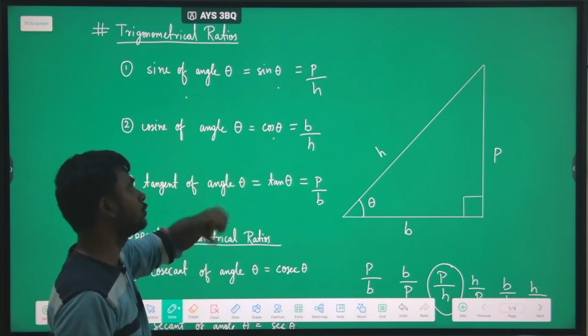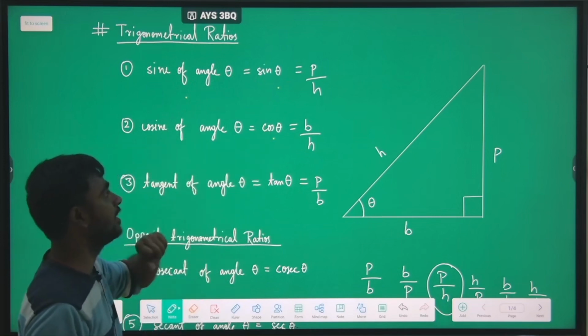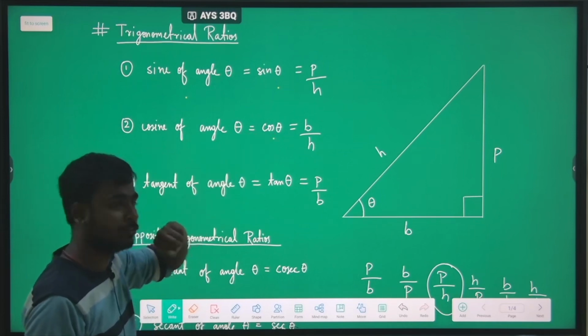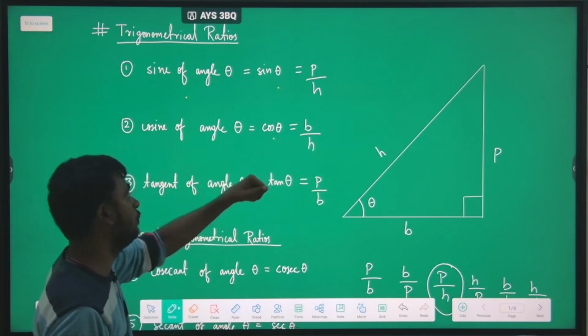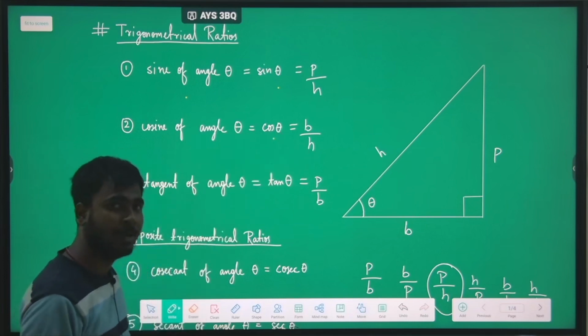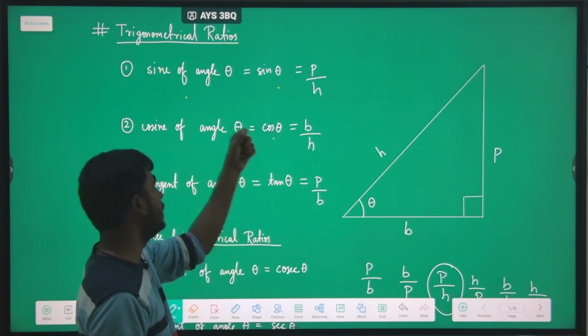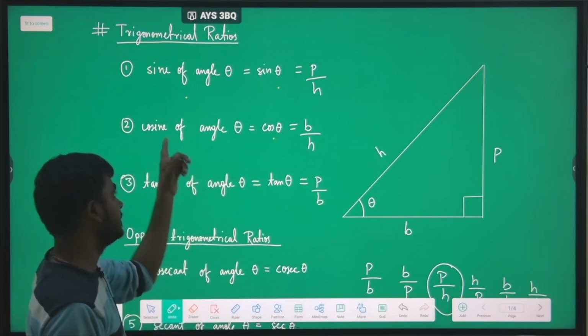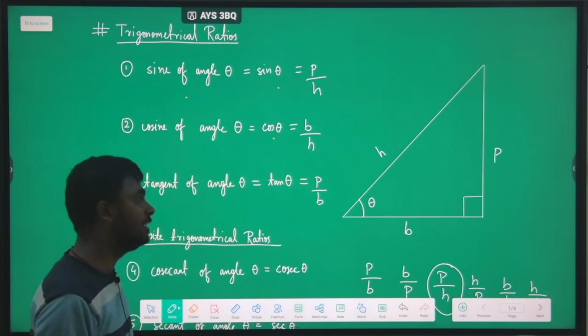Similarly, the saying of cos theta is cosine of angle theta. We always say cosine of angle theta, that is cos theta is equal to B by H.